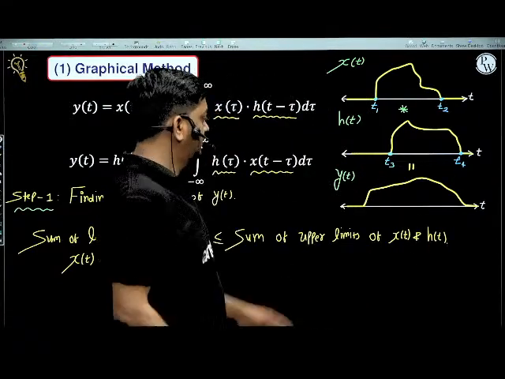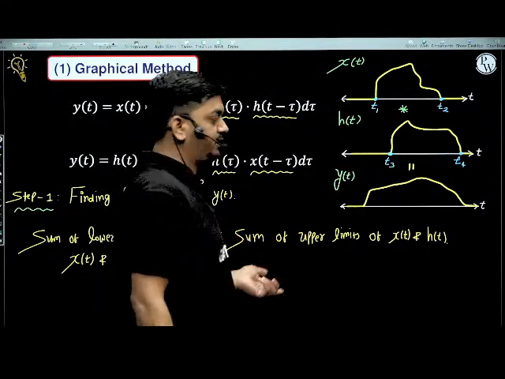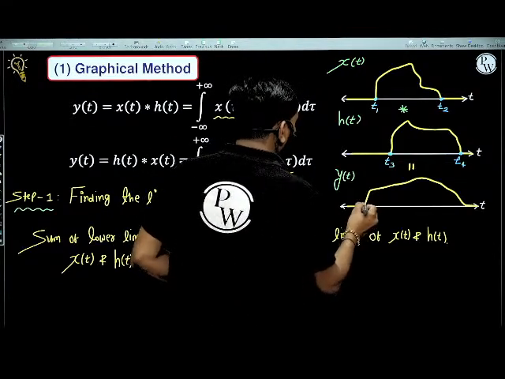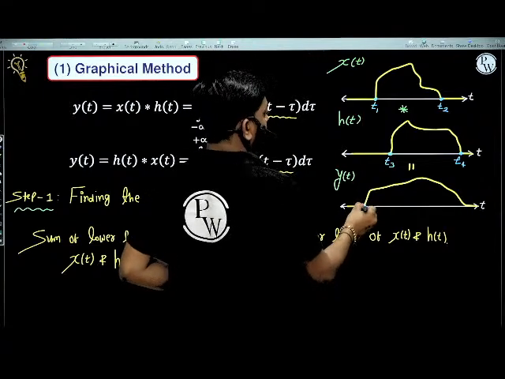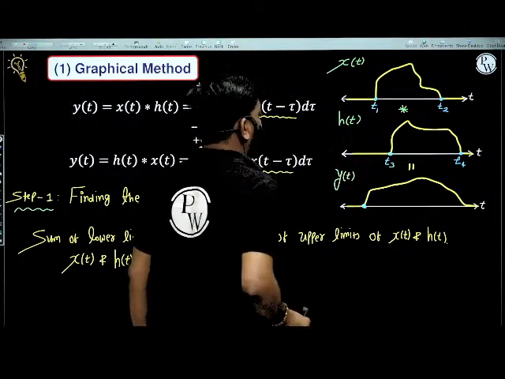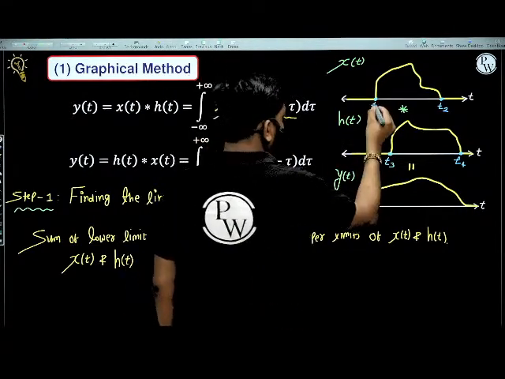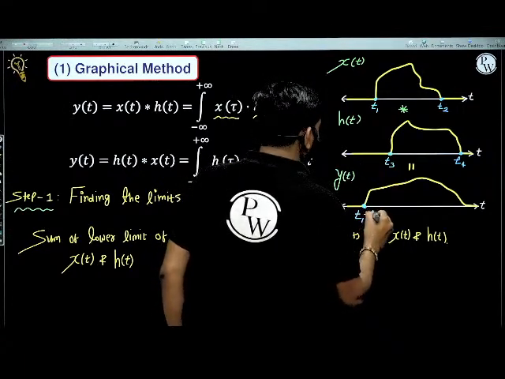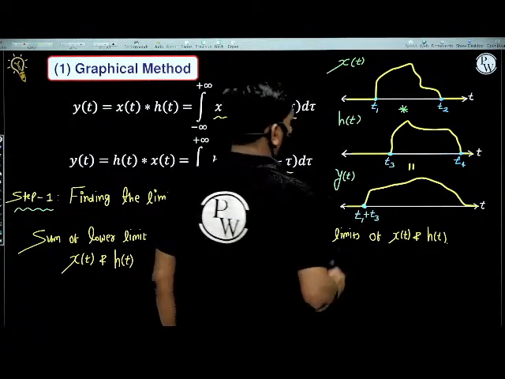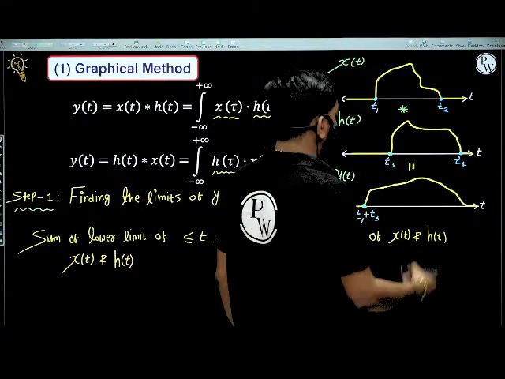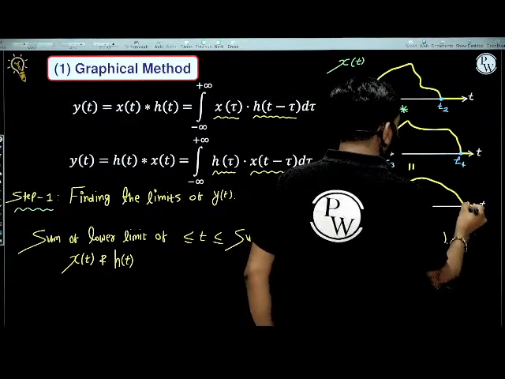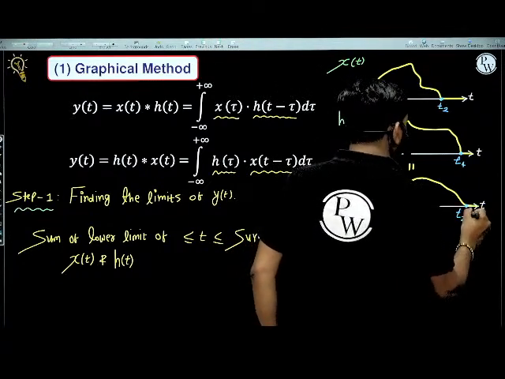Now the resultant signal will have a lower limit which is the sum of the lower limits of x of t and h of t, so t1 plus t3. And the upper limit will be the sum of the upper limits, so it will be t2 plus t4.